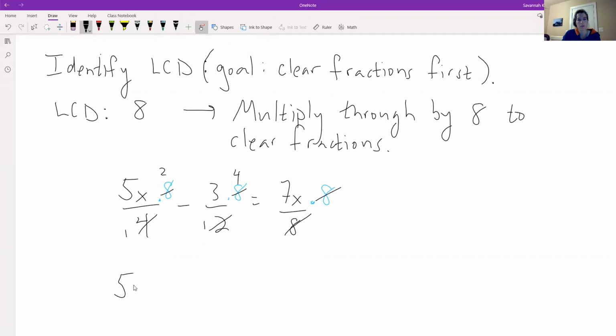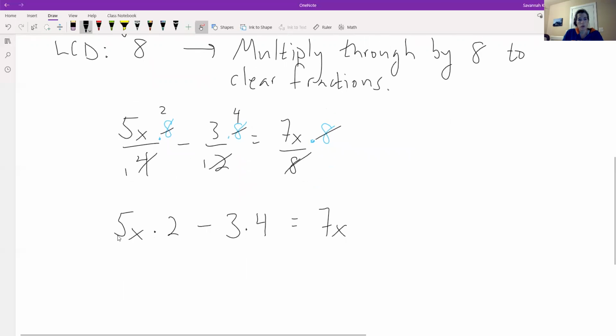So we have 5x now times 2 minus 3 times 4 equals 7x, really times 1, but we probably need to write that. So what we will do, multiply that 5x and that 2, we get 10x.